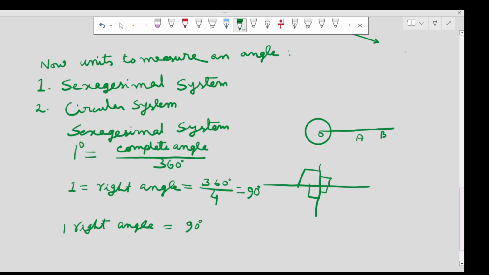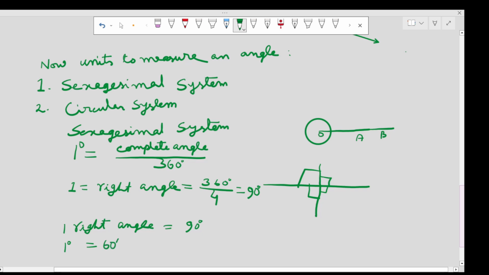Other divisions were made by mathematicians or astronomers or scientists for 1 degree. This is the degree symbol, you already know it, that's why I have not discussed it again.